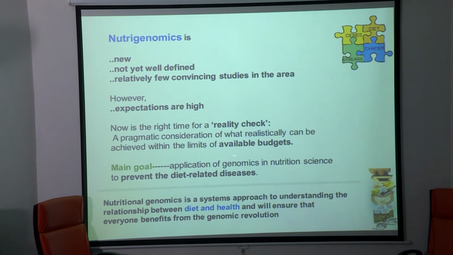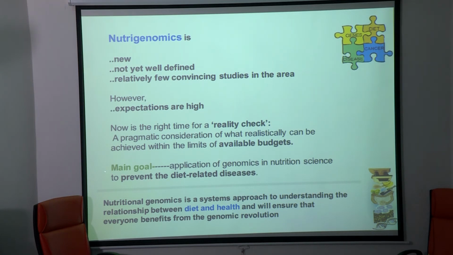Now it's the right time to immediately start with what we can do in the available budgets, because unless we start with the first kind of approach, we will not reach the second, which is the major one in which the markers will be designed. The application of genomics in nutritional science to prevent diet-related diseases is the main goal.